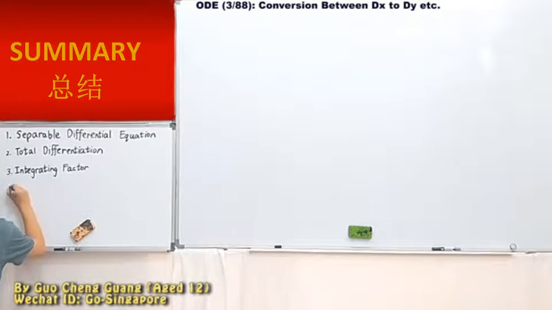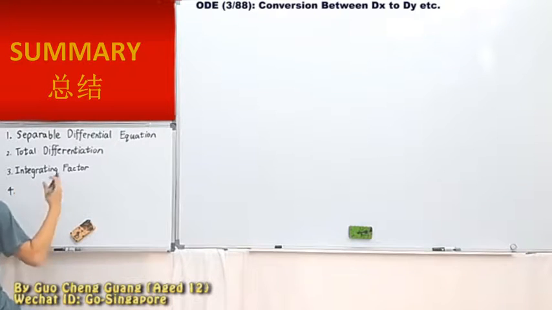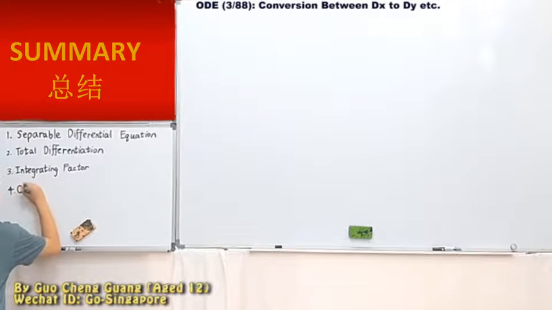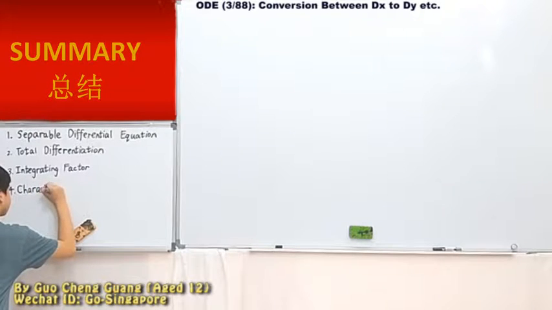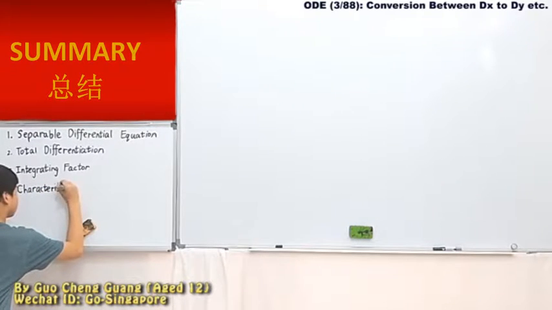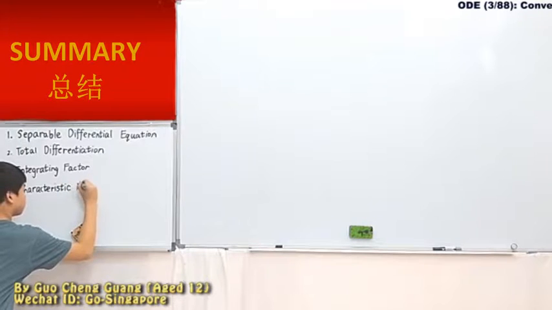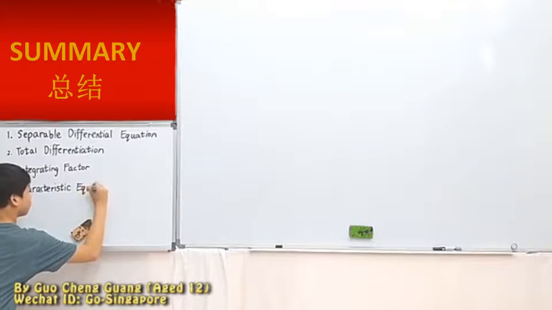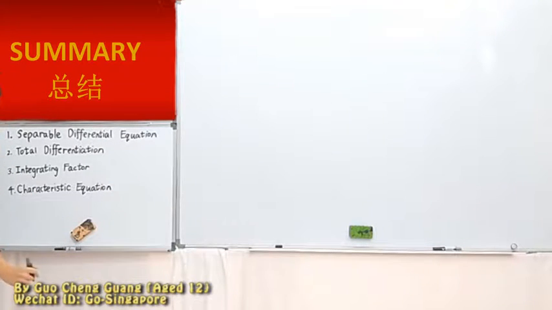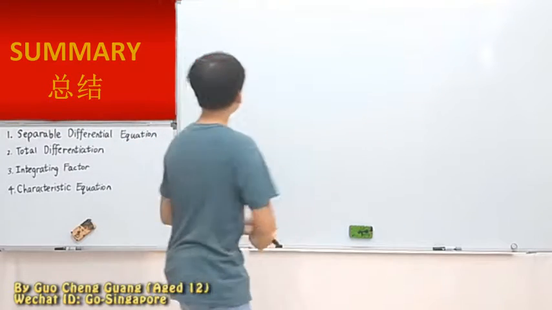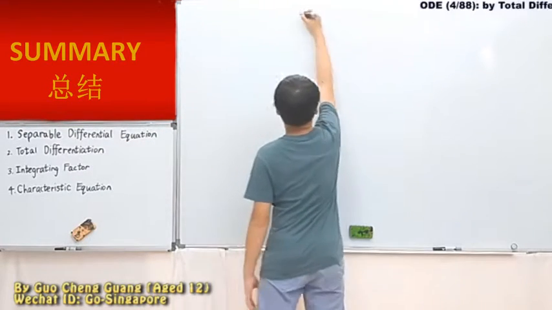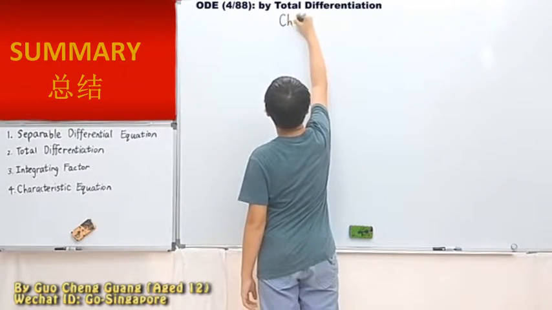Then the fourth type, which is what we're revising right now, is the characteristic equation. So far we have revised these four methods, and right now we're still at the characteristic equation.